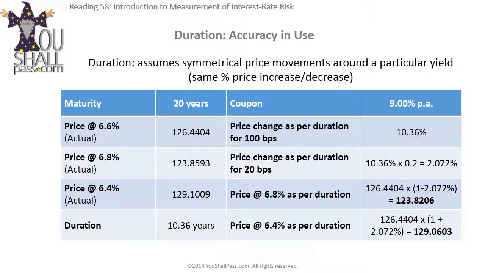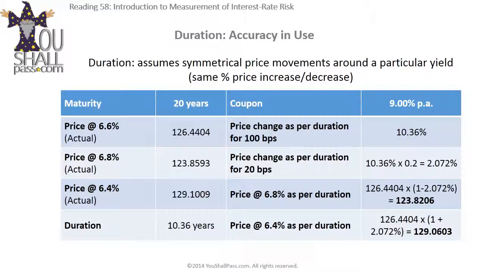We use the same 20-year 9% bond that we've been using so far, and we show the exact prices for this bond at 6.6%, 6.8%, and 6.4%. We then prorate the duration of 10.36 years for the actual change in yield, that is 20 basis points. So the actual percentage price change then works out to slightly over 2%.